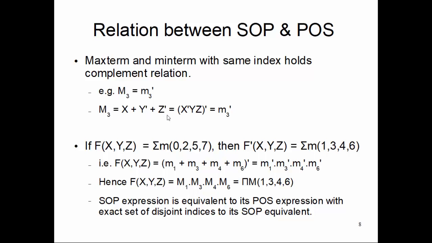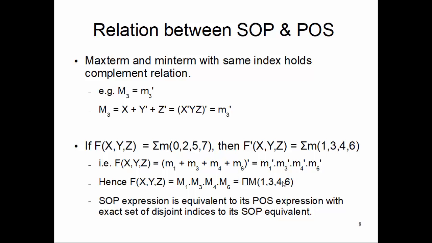By this relation, that is nothing but max term 1 and max term 3 and max term 4 and max term 6, which is pi of max terms 1, 3, 4, 6. So your f x y z, which was sigma m 0, 2, 5, 7, is nothing but pi of max terms 1, 3, 4, 6.